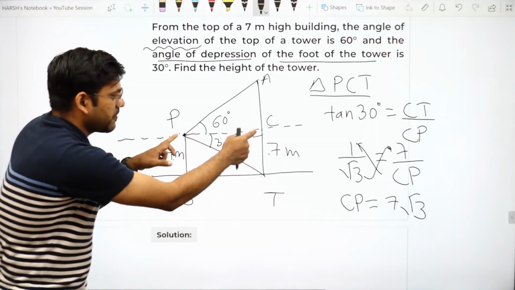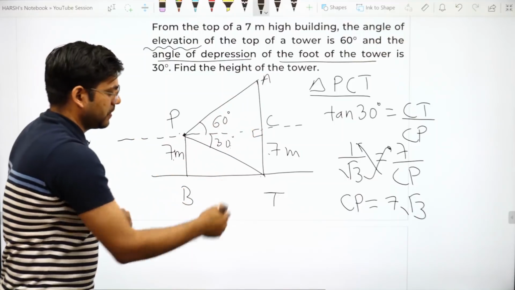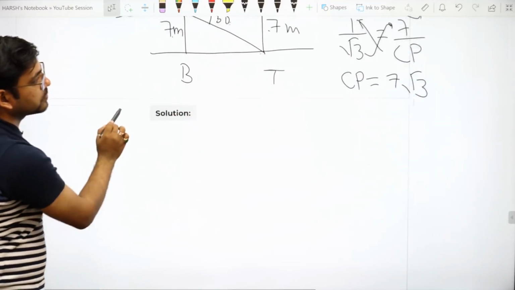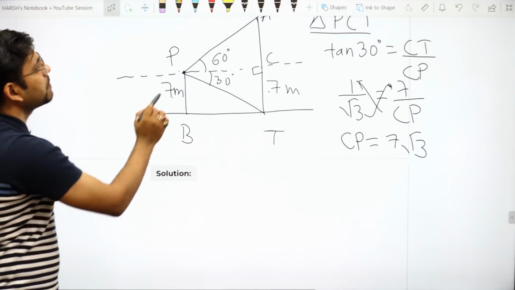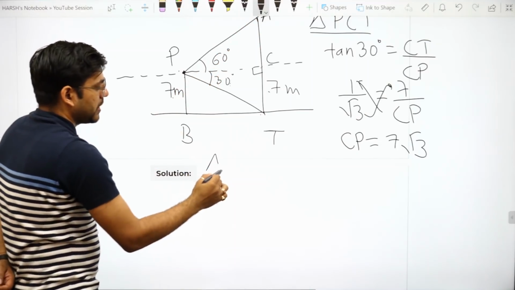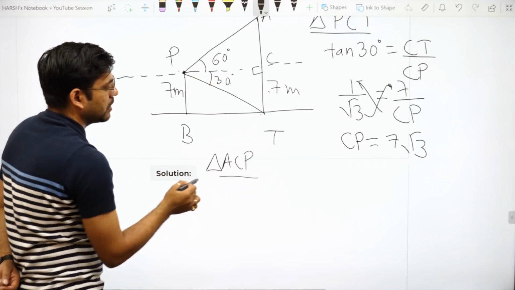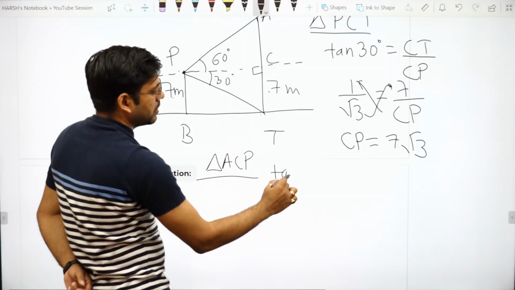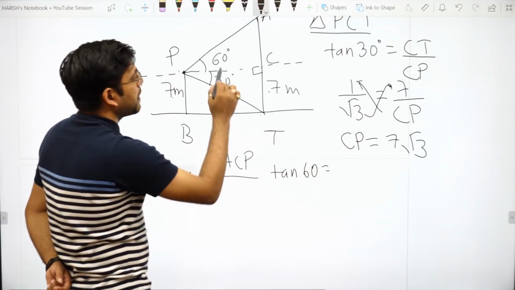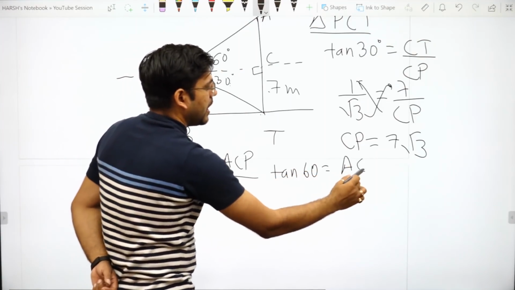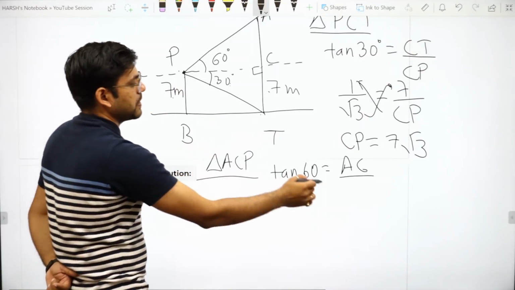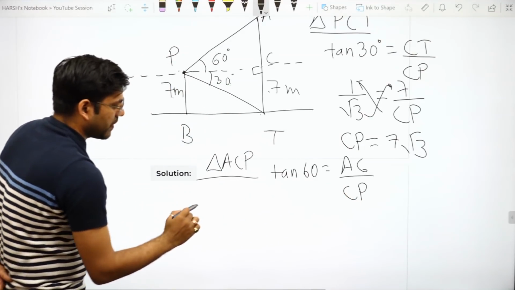Now I will use this value of CP in this triangle ACP. So I am writing in triangle ACP, tan 60. Tan 60 is again perpendicular, that is AC, upon base. Base is CP, isn't it? Put all the values.